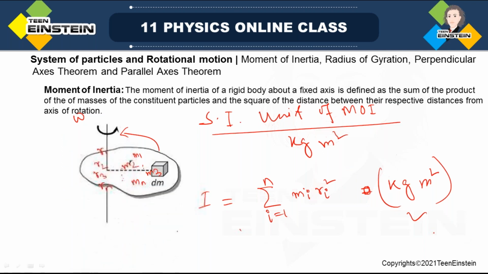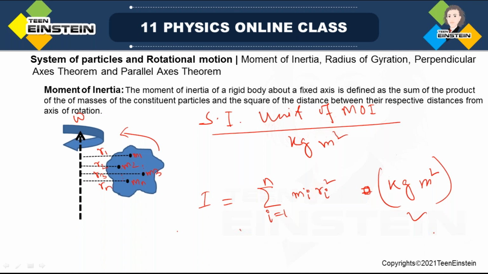We have seen that. In case of rotational motion, the moment of inertia of a body about any axis of rotation resists the change in rotational motion.